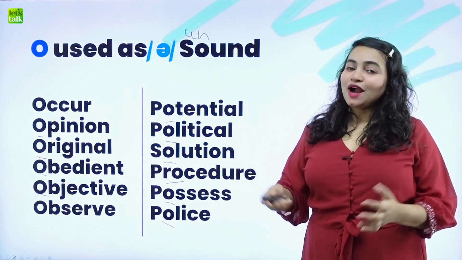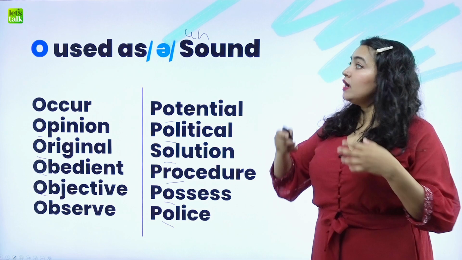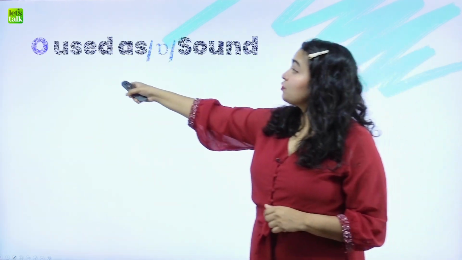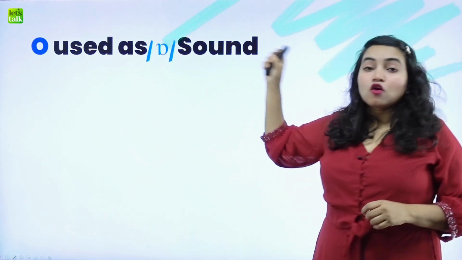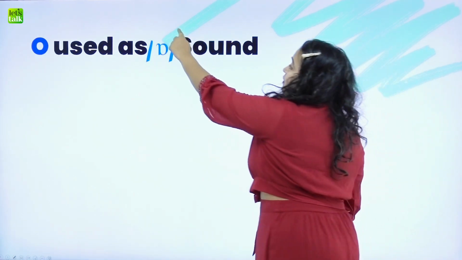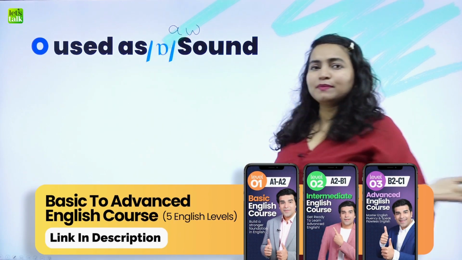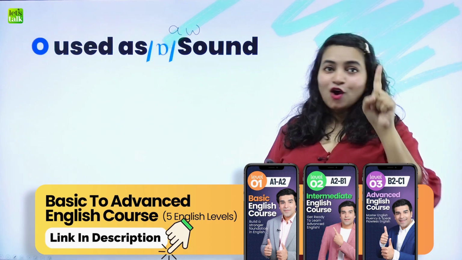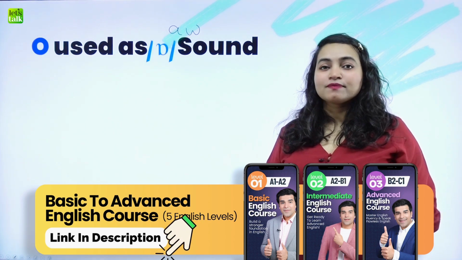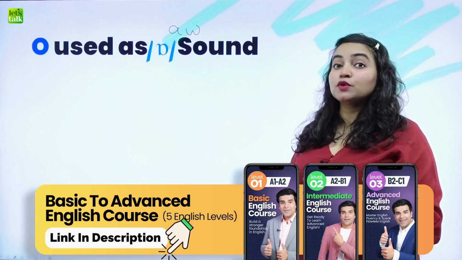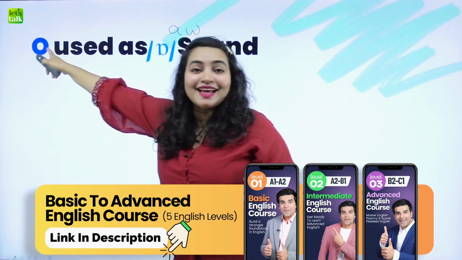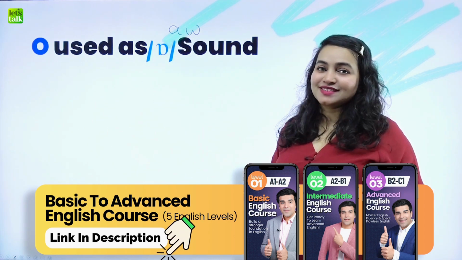Okay, now let's see how we can use O in another way. We've seen the sound, but now we can also use O as an O sound, right? So say this with me, guys. What sound is this? It's an O. O, not O, but an O. But let me show you some more words which I know all of you are mispronouncing, which use the letter O but have the O sound.